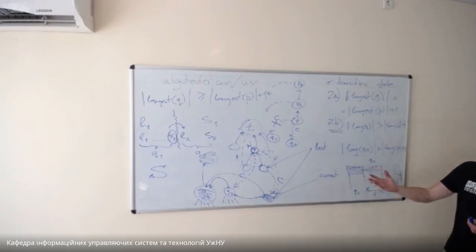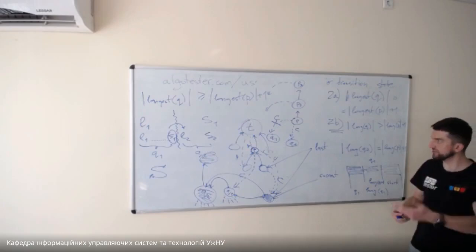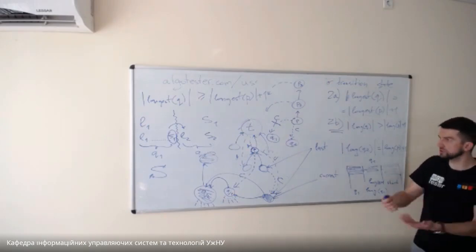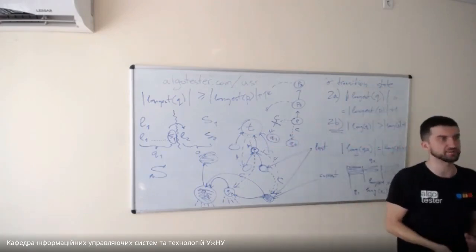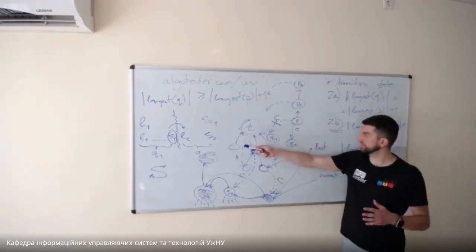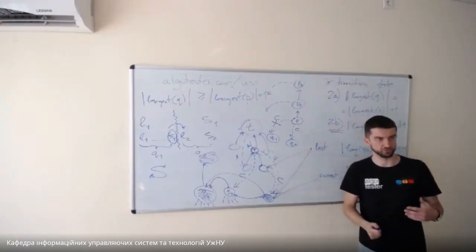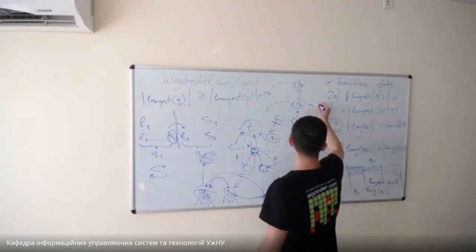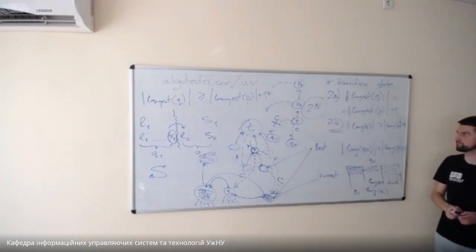Initially we have one, and then at every step, +1 or +2. So the total number of states is at most 2 times n, since at the very first step there will be exactly one vertex added, where n is the length of the string S.